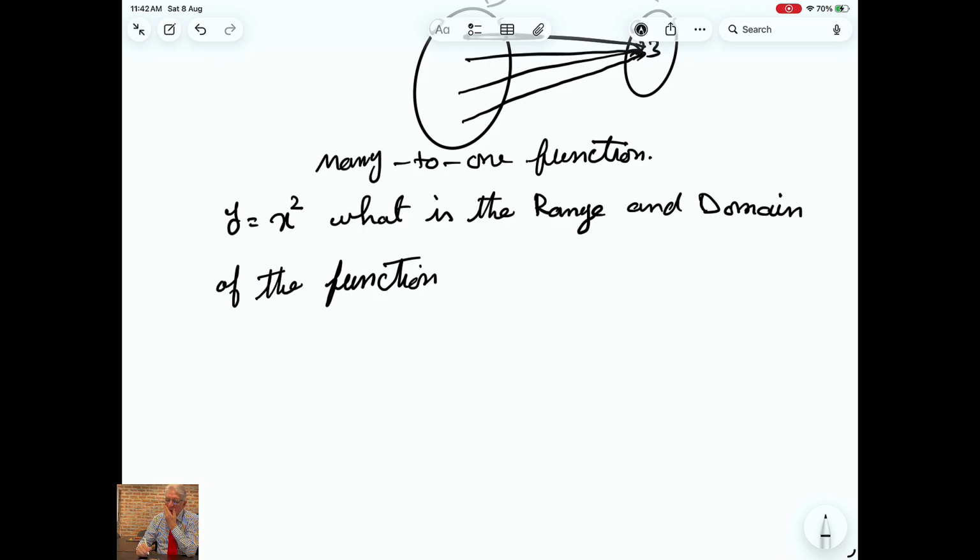Now, let's see. What numbers can you raise to the power of 2? Any number can be raised to the power of 2. Therefore, the domain of this function is R.